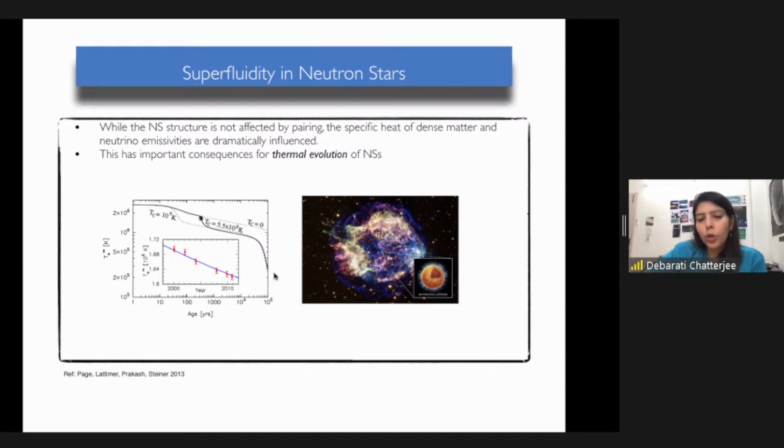Although currently there is a follow-up of this observation being carried out, and I don't know about the status, a few years ago this received a lot of publicity as witnessing superfluidity in neutron stars.